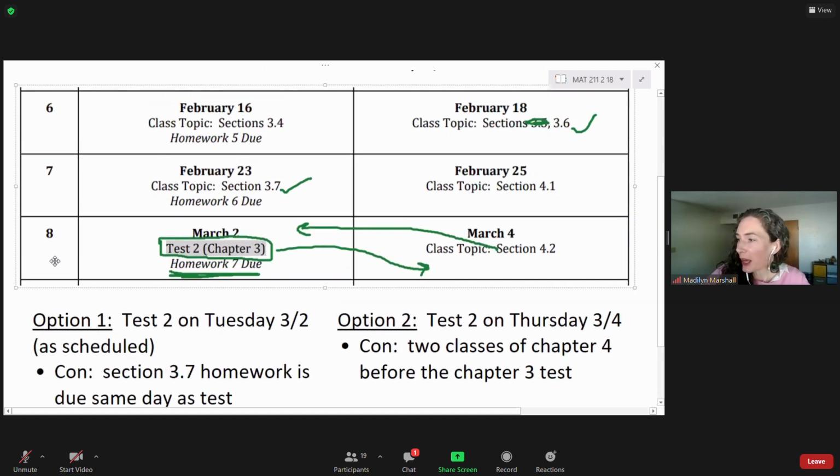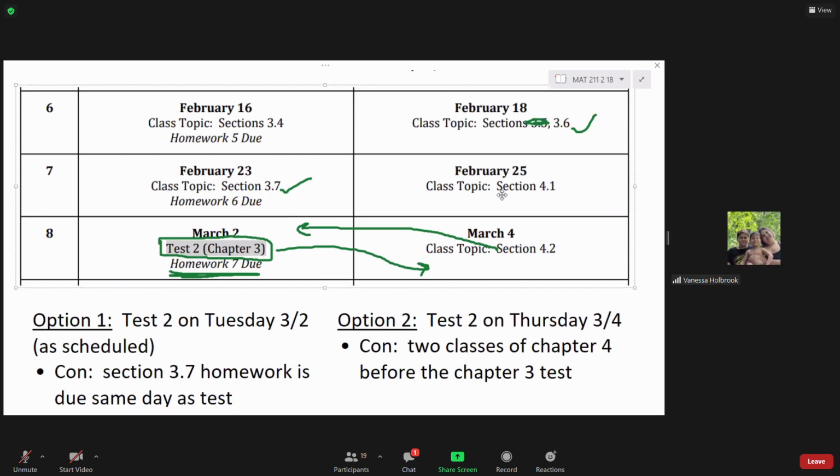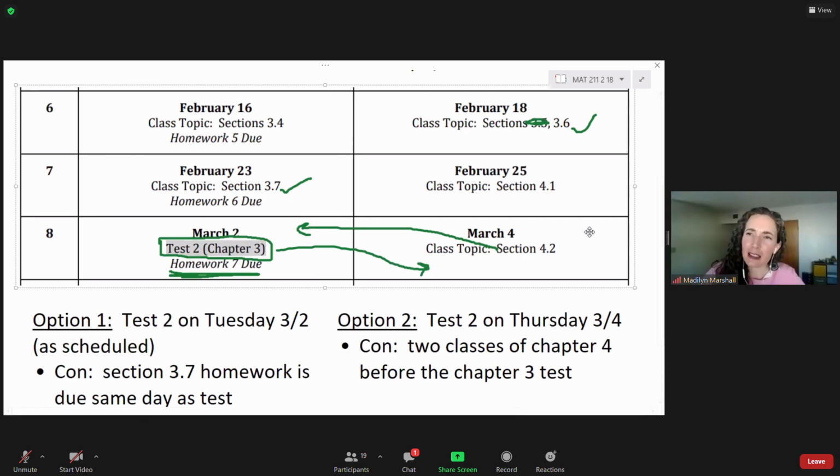So I am going to put up a poll. Quick question: does chapter 4 have something like the power rule, compared to the other tests that we took? I'm not sure what you mean.